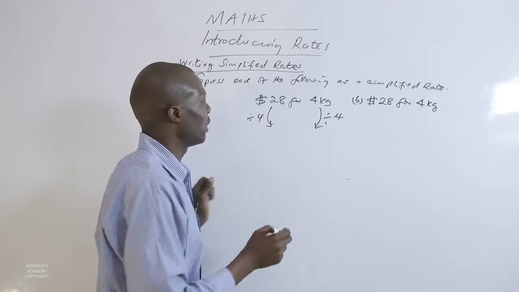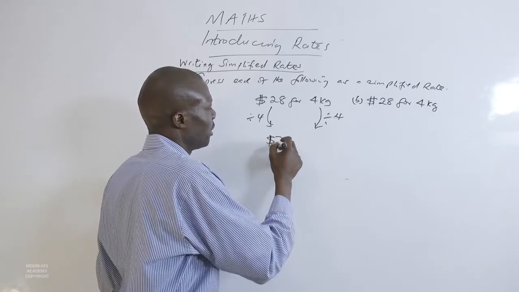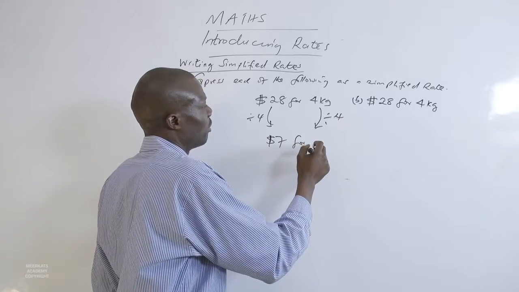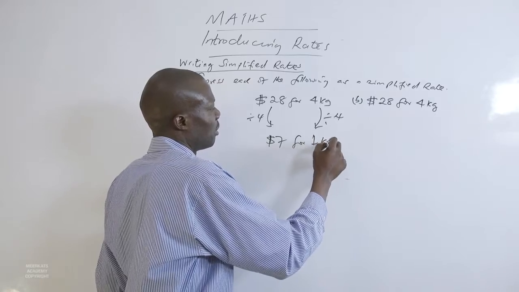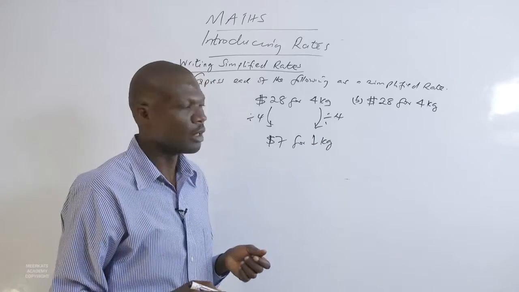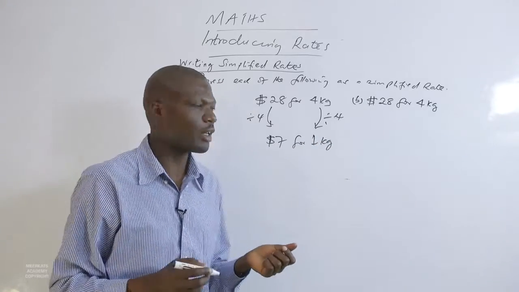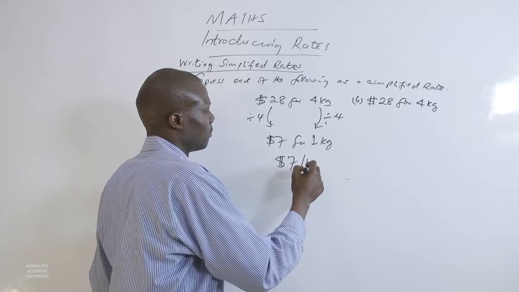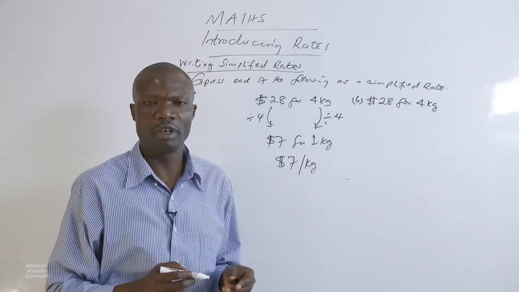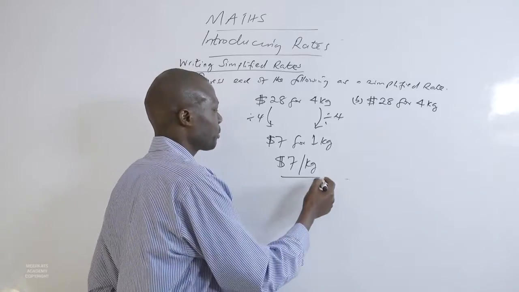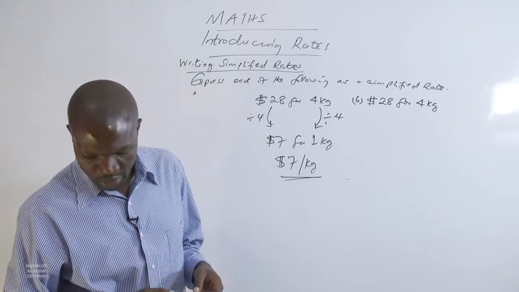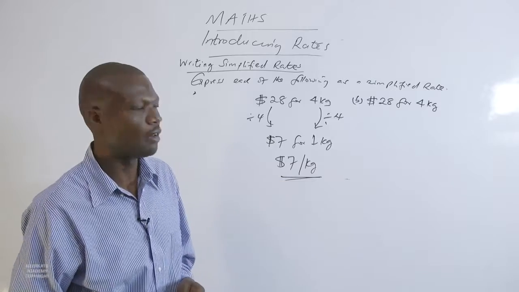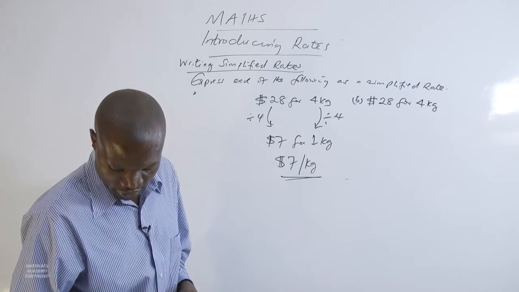When you do that, you'll find it is equivalent to $7 for 1 kilogram. This can be written as $7 per kilogram. And we call this simplified rate.